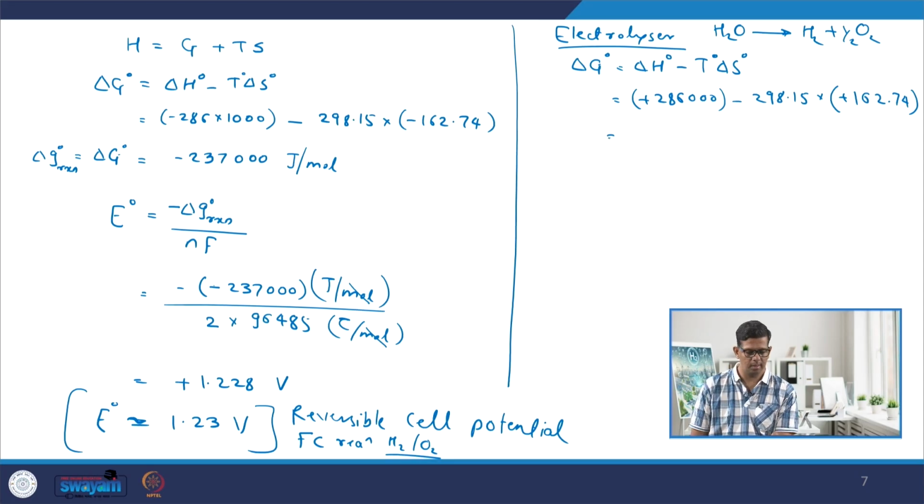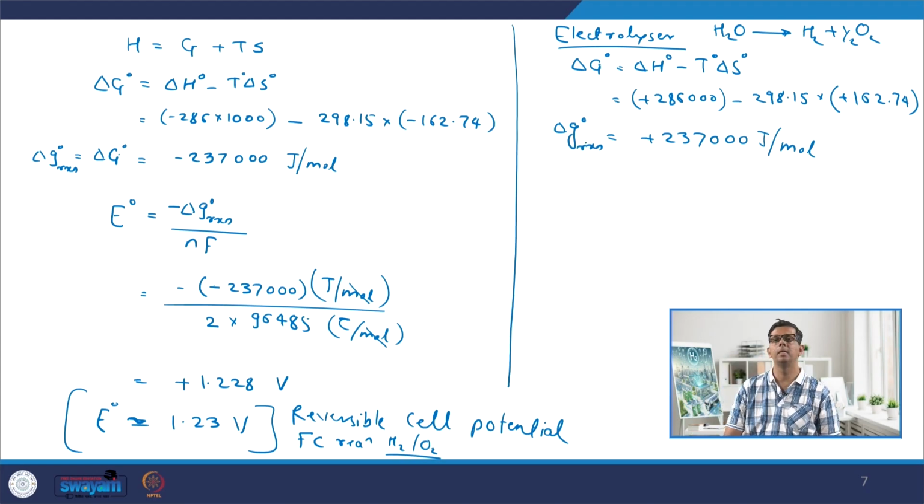If we solve this, it will be plus 237,000 joules per mole. So this is your delta G of reaction.